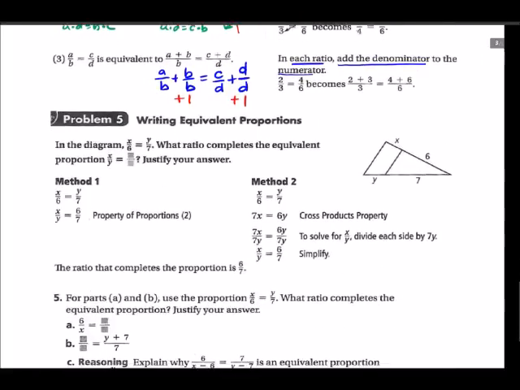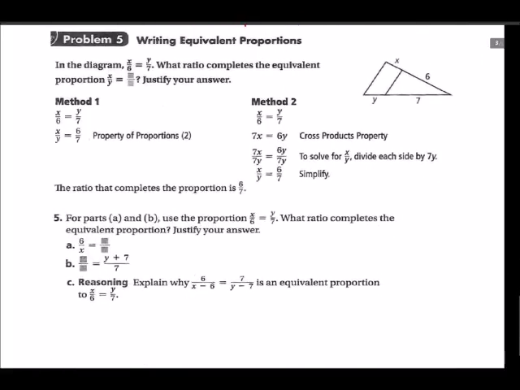Okay, so let's look at writing equivalent proportions. In the diagram, we are told that x compares to 6, right? X compares to 6, and y compares to 7. So here's our foursquare. X over 6 equals y over 7. X to 6, y to 7.